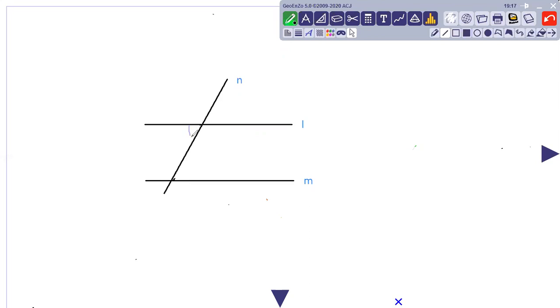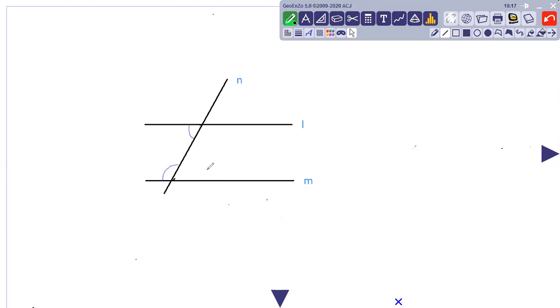Similarly, these two angles are interior angles on the same side of the transversal. Interior means between the two parallel lines, formed by the transversal line N. So when added together, they will also give you 180 degrees.